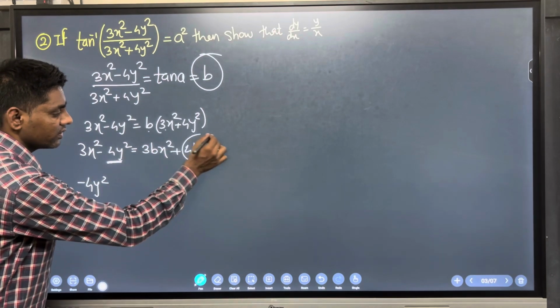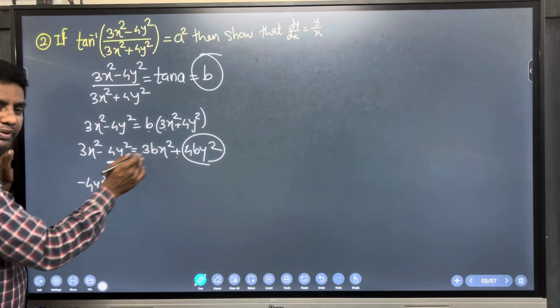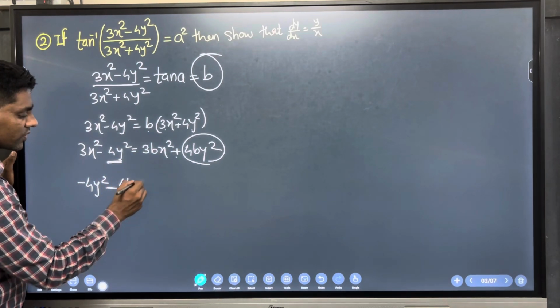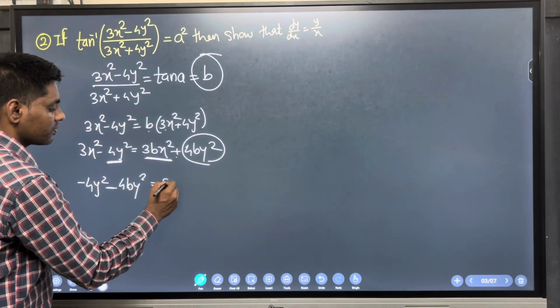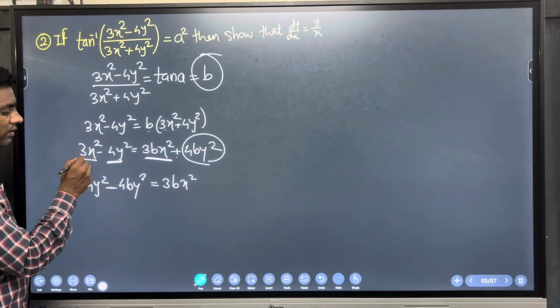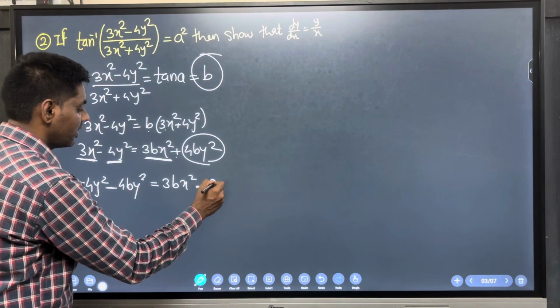On the next side, this is a term of y, so when it is taken to this side, positive becomes negative. So write negative 4by square equals, on the right hand side, a plus term is already present, 3bx square, and on this side plus 3x square, so when it goes to that side it becomes minus 3x square.